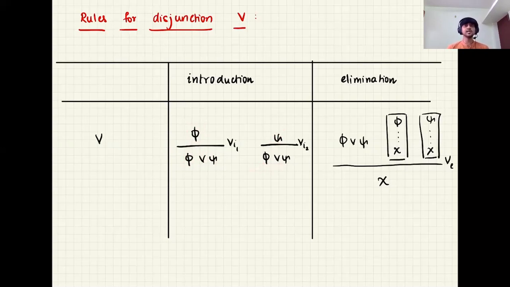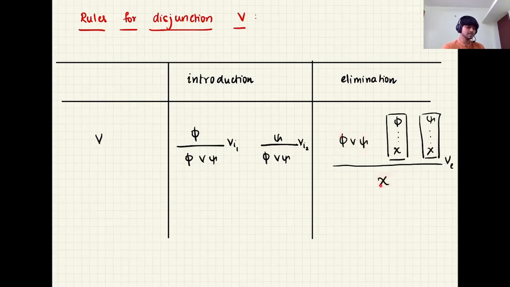Now, how can I eliminate an OR? Okay. See, if I have a phi or psi, either of them has to be true. Now, if I can show that starting from phi, if I'm able to derive some chi, and starting from psi, if I'm again able to derive chi, it doesn't matter which one of them is true, chi has to be true.